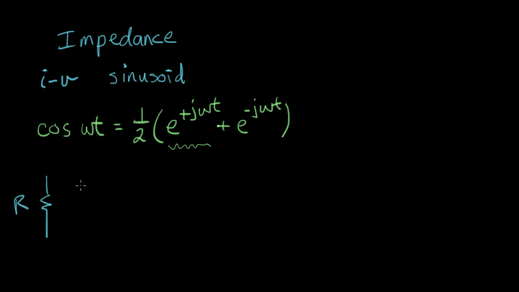And we know from Ohm's law that V equals I times R. Just for the moment, let's assume that I equals e to the plus j omega t. So if this is I, what is V for a resistor? Well, we just plug I in here, and we get V equals R times e to the plus j omega t.